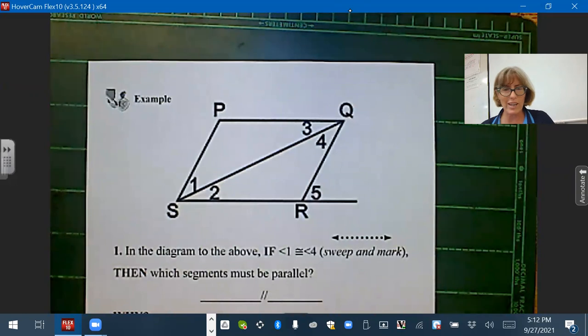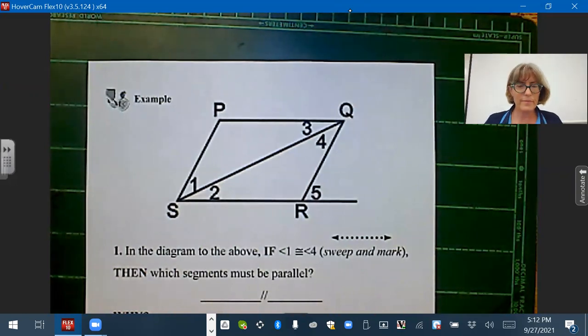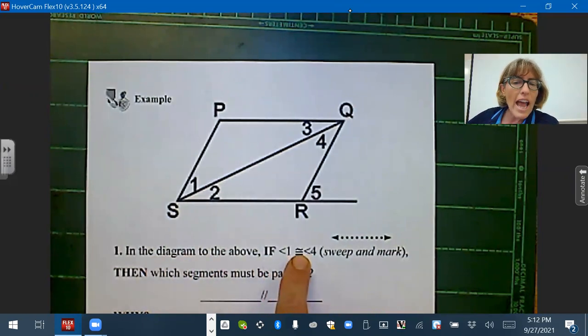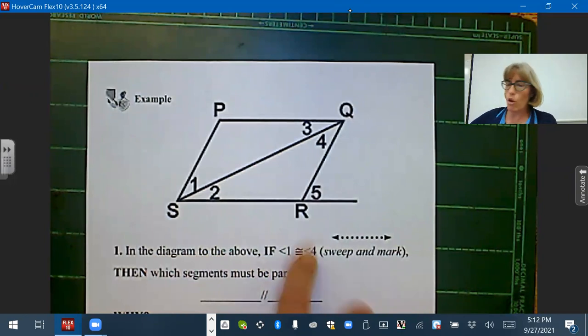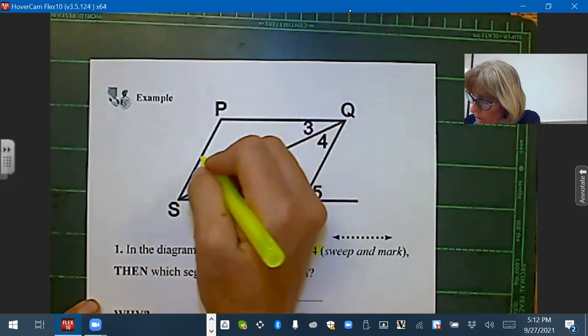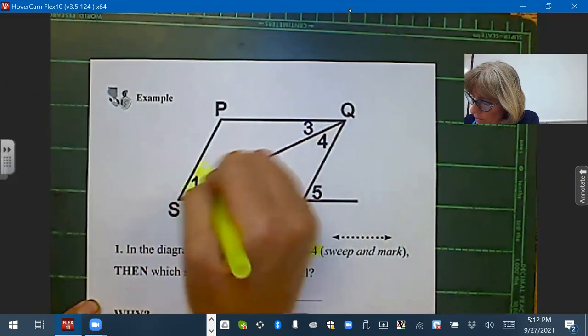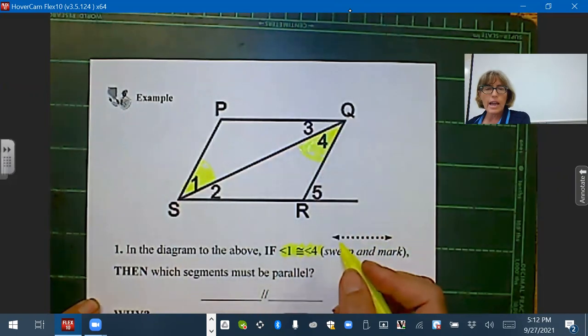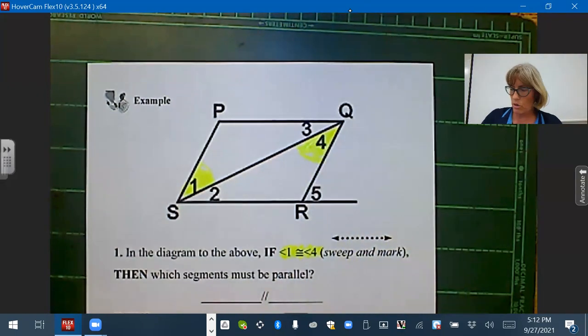All right, watch carefully. We're going to do this together. It says in the diagram above, if angle 1 is congruent to angle 4, we're going to sweep and mark angle 1 and angle 4. And we're saying they are congruent.